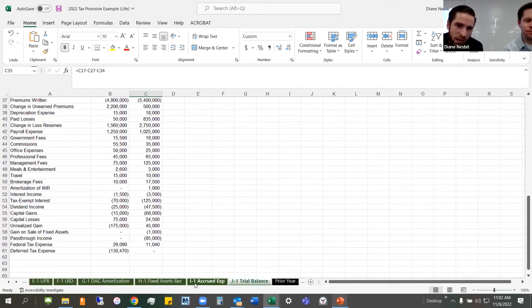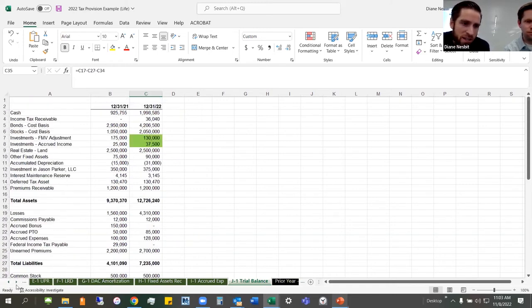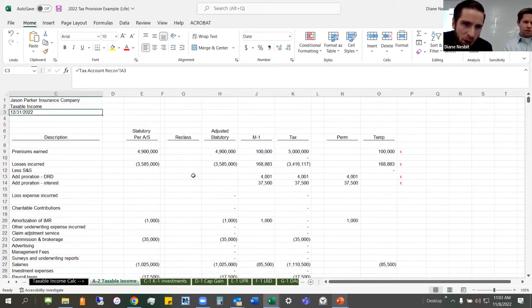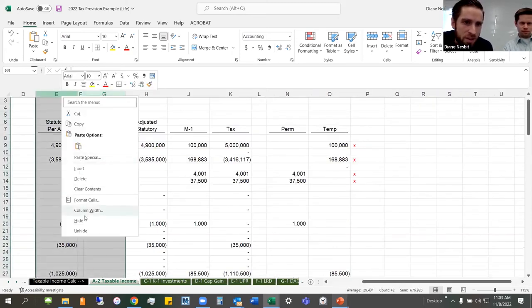We added a bunch of tabs that will be helpful in showing the relationship between this year's book tax difference and our ending deferred tax asset or liability balance. Again, we're not going to go through the calculation of all of these different book tax differences, but from a high level, I'm just going to hide these.